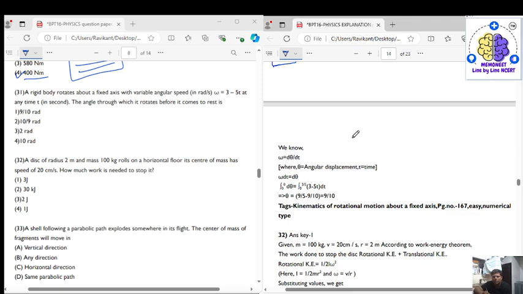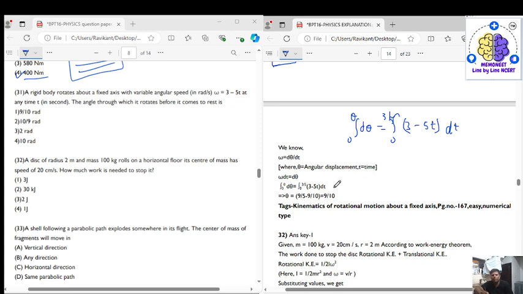So we are integrating d theta from 0 to theta is equals to integral of 3 minus 5t dt from 0 to 3 by 5.